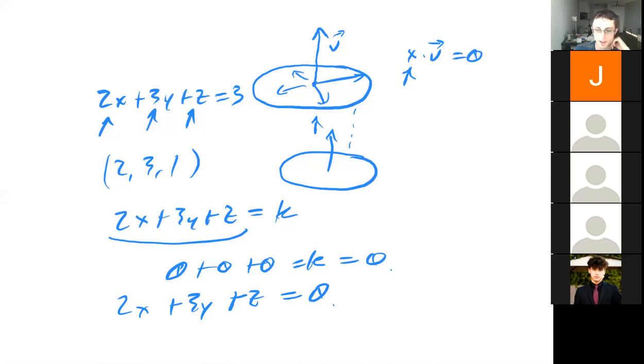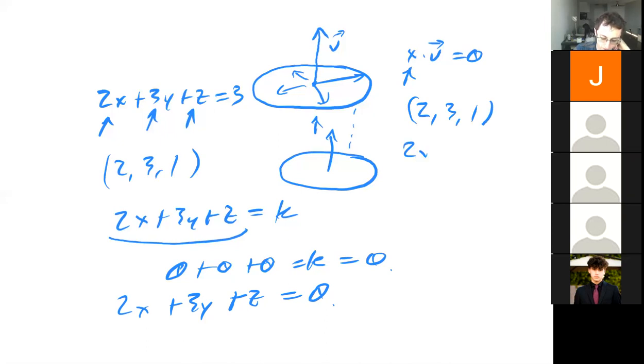So I'm starting to run down my clock. So maybe I'll just say something, which is, it's the same process, okay? You have your normal vector, which is again just 2, 3, 1, but now we have a different point on it.